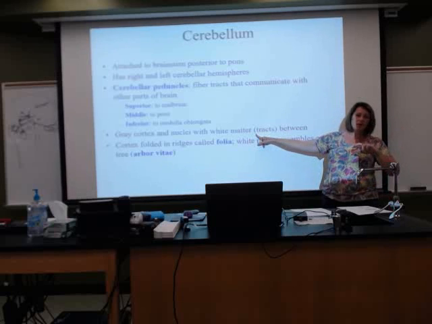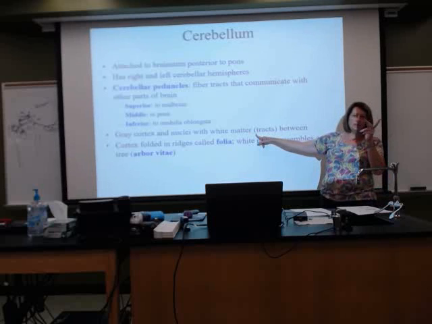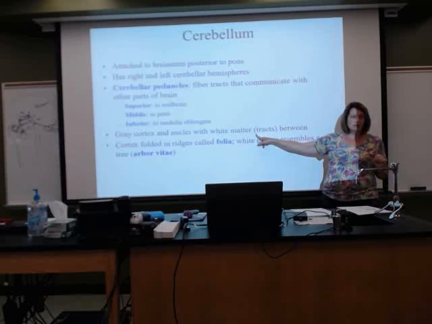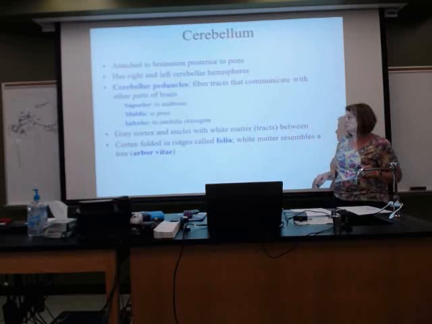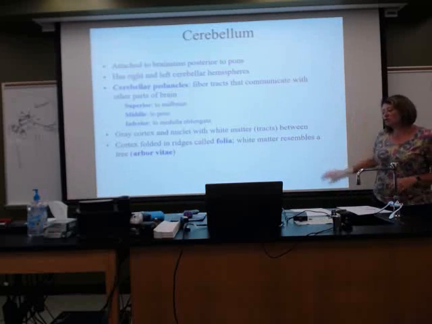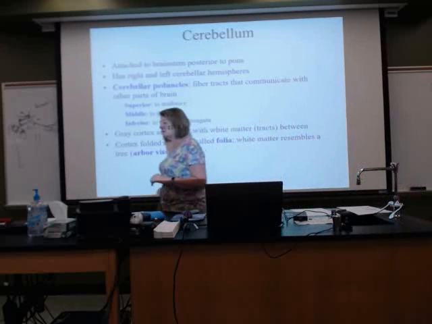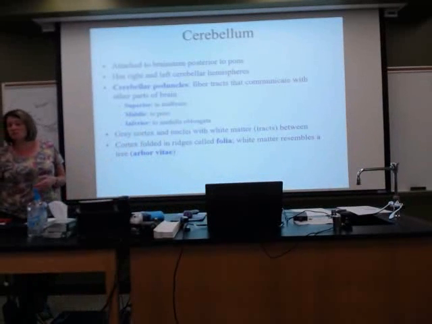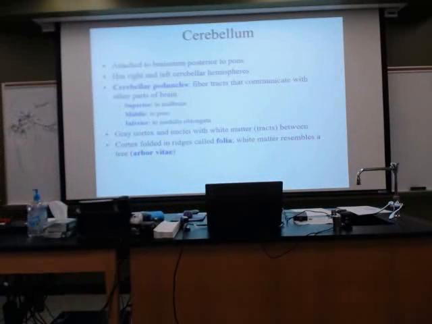Now the cerebellum seems like it's backwards from the cerebrum. So the white and the gray seem to alternate, inner, outer, that sort of thing, okay? But it's all good. The structure of the cerebellum has some terms associated with it.